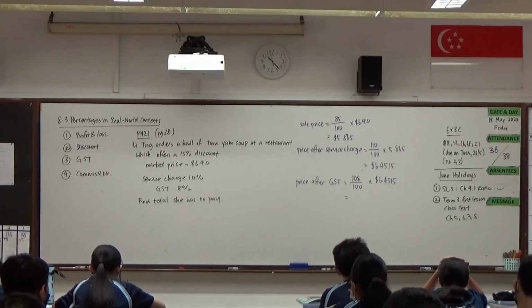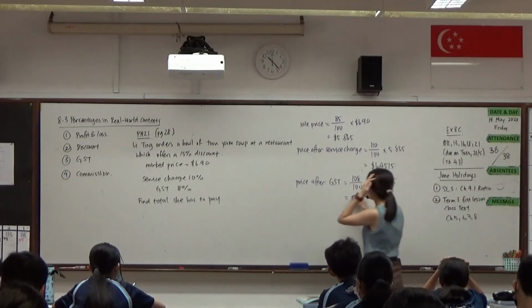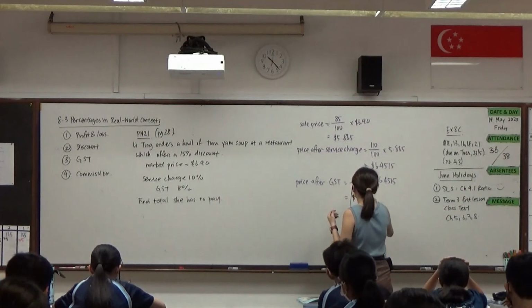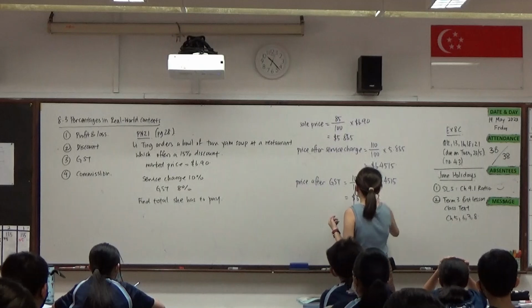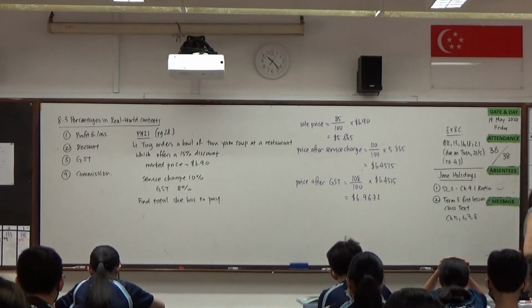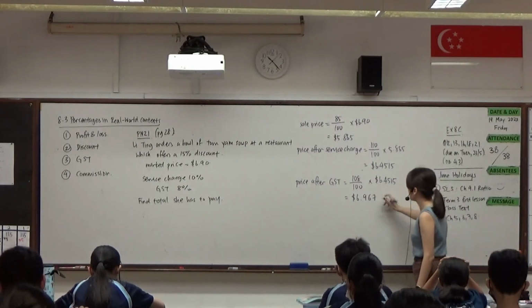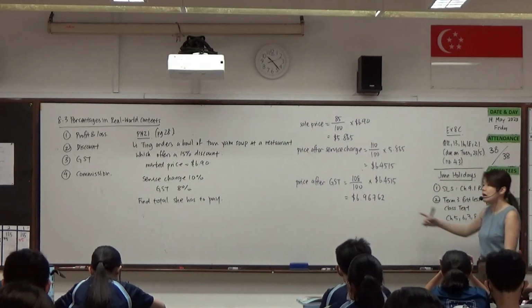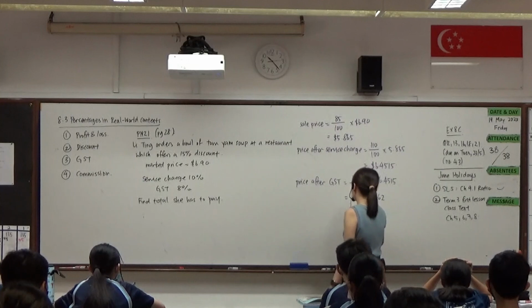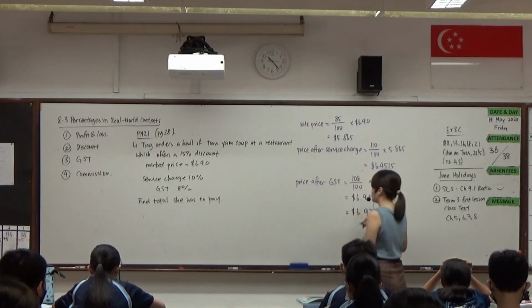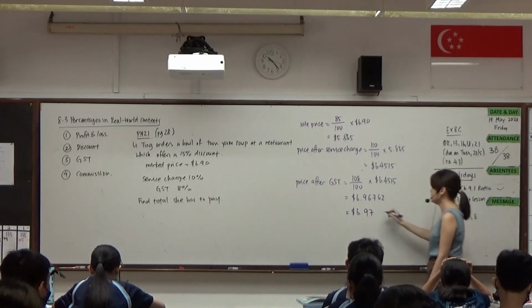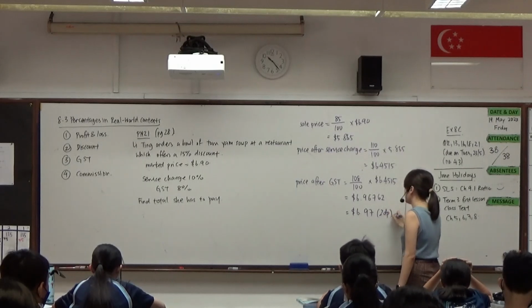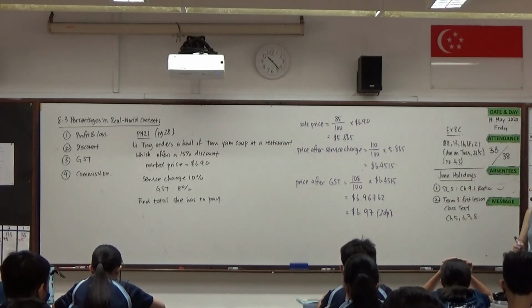And that will give us 6.9672762. Now that we are at the final answer, we will have 6.97. This is rounded to the nearest cent or 2 decimal places.